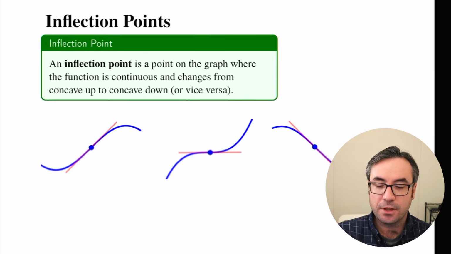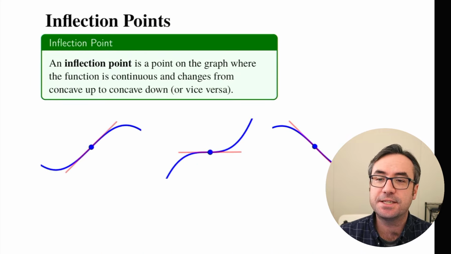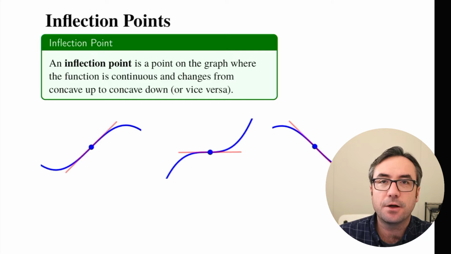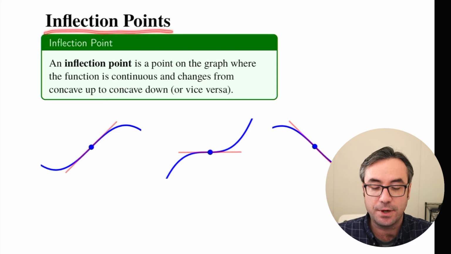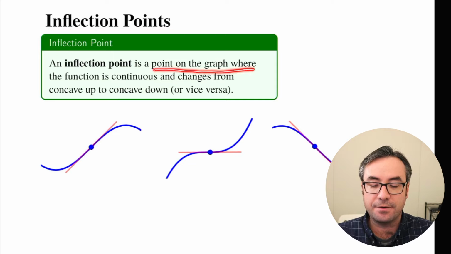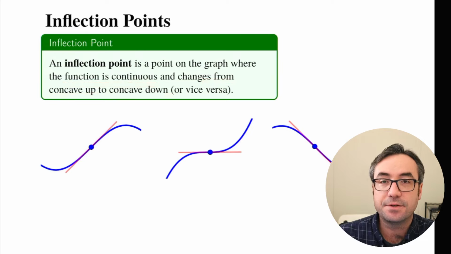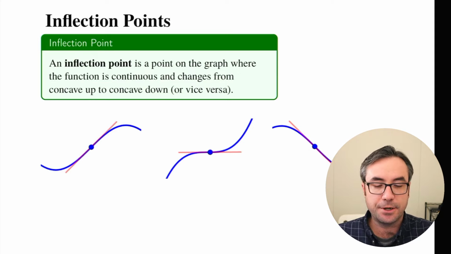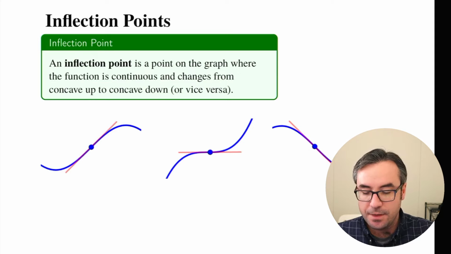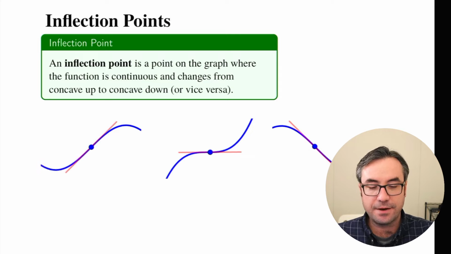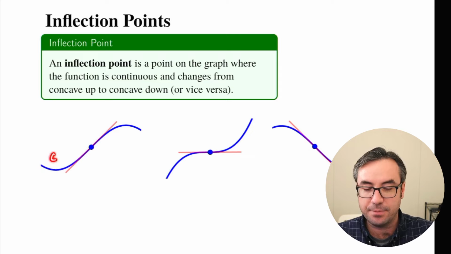And so the last special feature we're going to consider is, when does the shape of our graph change? And we call these special places inflection points. So these are the points on our graph where the function changes from being concave up to concave down, or vice versa. So in the first little example here, in this section right here, our graph clearly has that concave up shape.